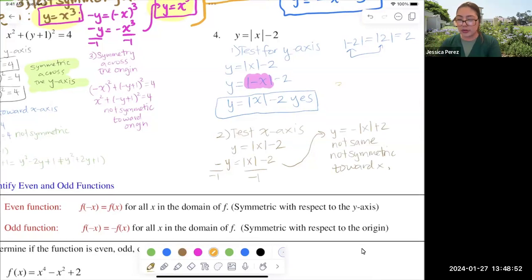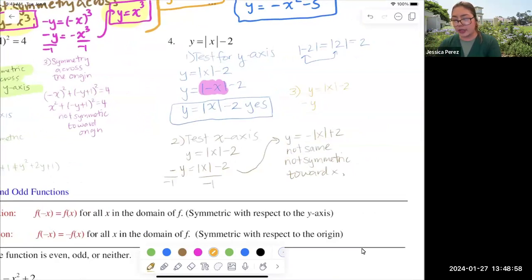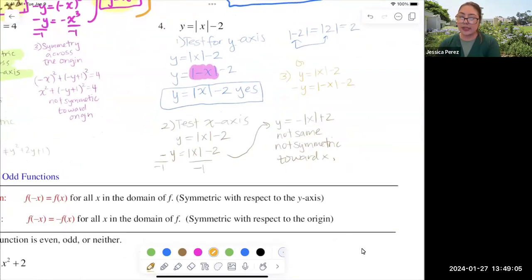But let me just show you really quick how that looks. So y equals the absolute value of x minus 2. Now, if we want to do it towards the origin, I'm going to change both x and y. This is testing for origin. Both of them negative. Now, if I divide both sides, I'm going to get y equals negative absolute value of x minus 2.